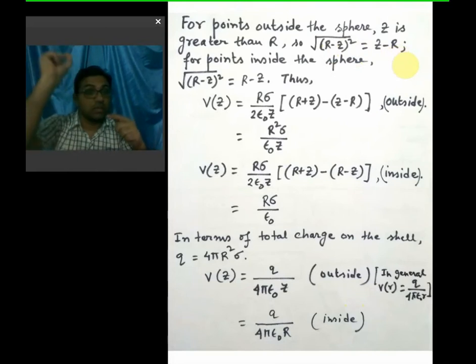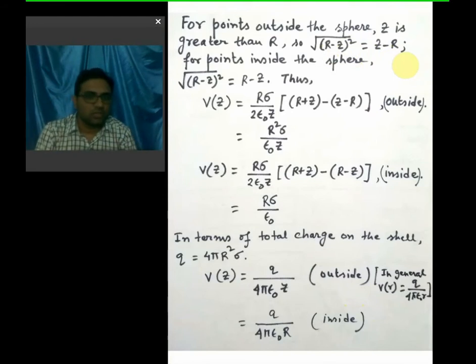We are considering the field point outside of the spherical cell, so z will be higher compared to the radius of the sphere. But if we want to find out the potential at a point which is inside the spherical cell, in that case this root over r minus z whole square will be r minus z, because r is greater than z, right?